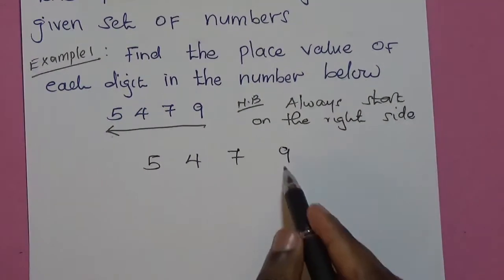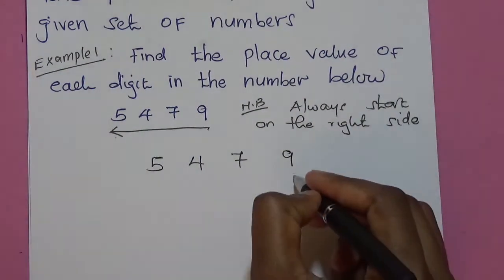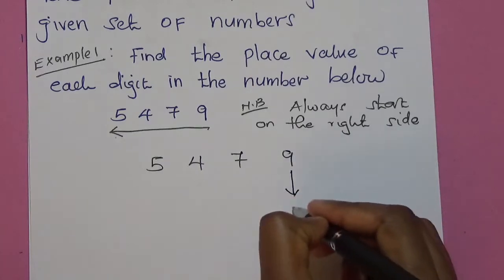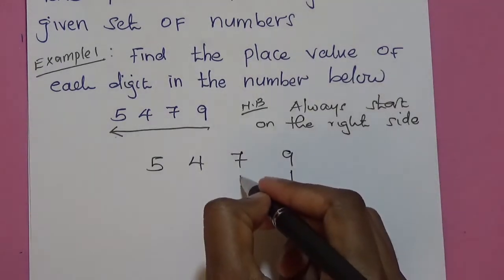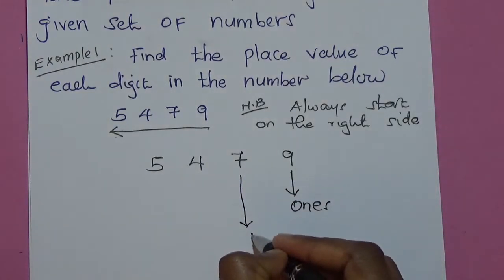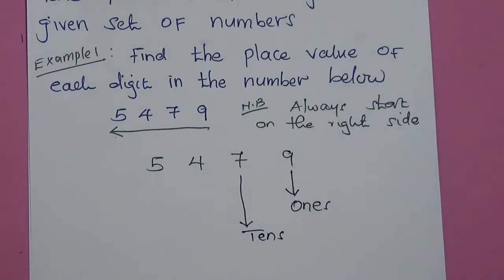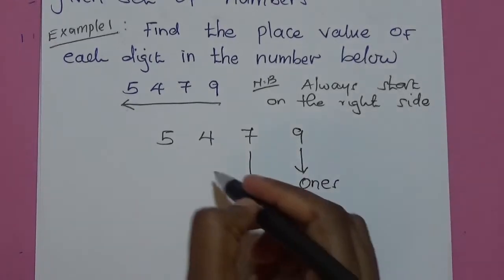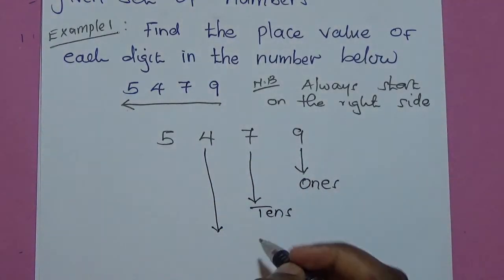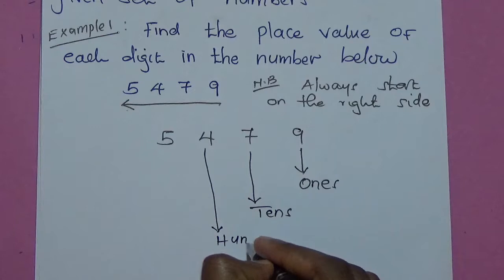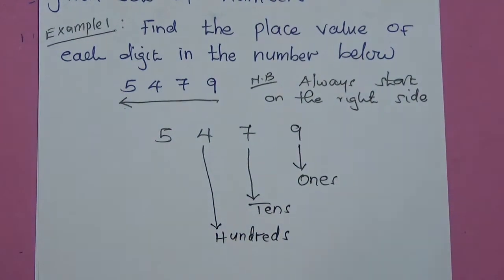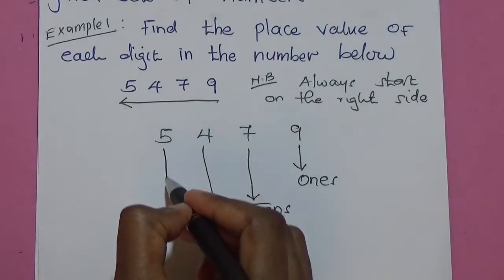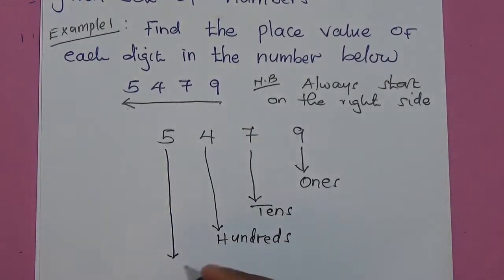So starting on this side, the place value of digit 9 will be ones. Then the place value of 7 will be tens. The place value of digit 4 will be hundreds. And the place value of digit 5 will be thousands.